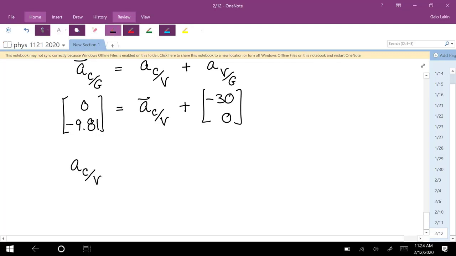The acceleration of C relative to V is equal to, add negative 30, 0 to both sides, subtract negative 30, 0 from both sides. It's like adding 30, 0. And you get 30, negative 9.81 meters per second squared.